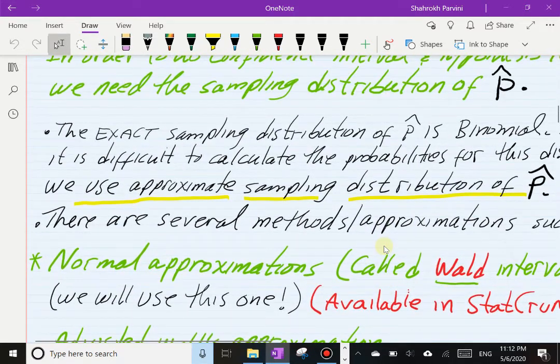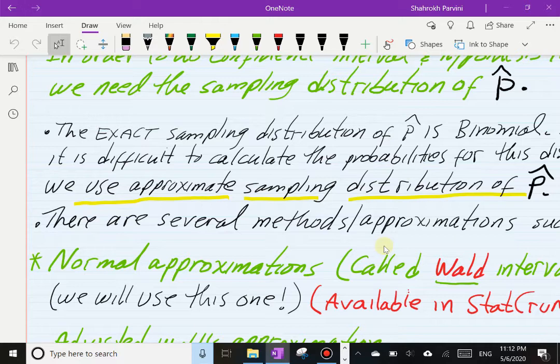Now this Wald, by the way, is named after Abraham Wald. The procedure is named after Abraham Wald, who was a Hungarian statistician, I believe around the mid-1950s.